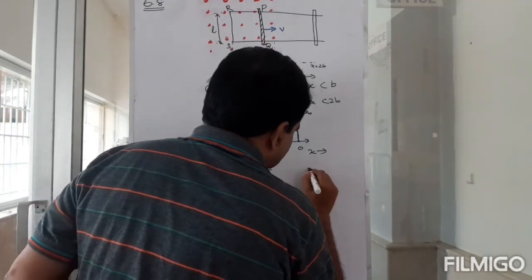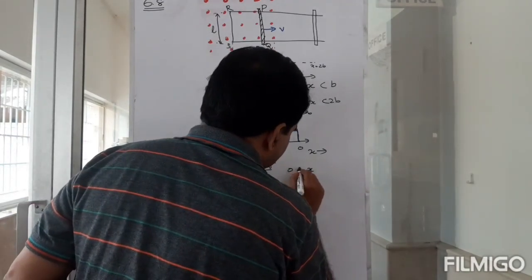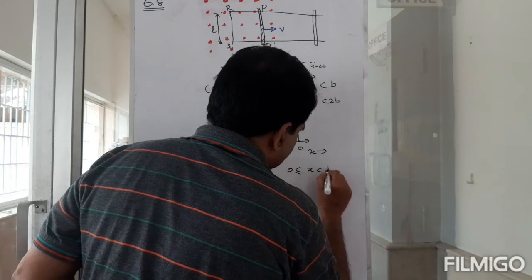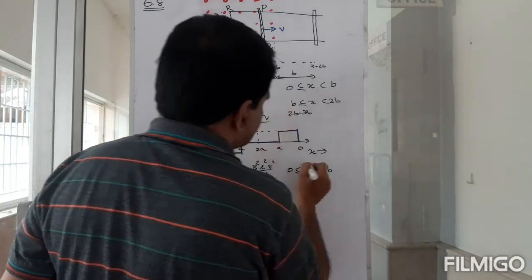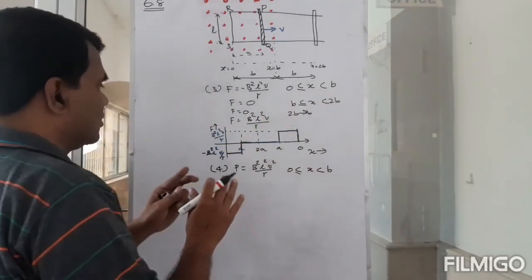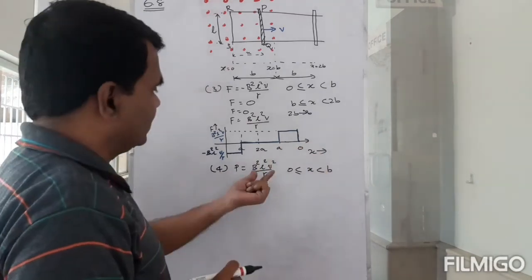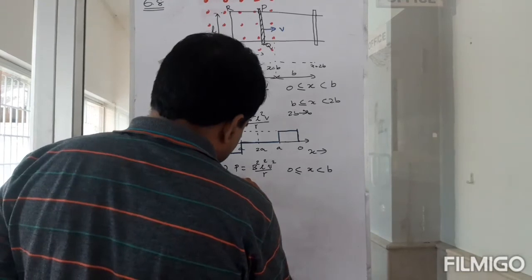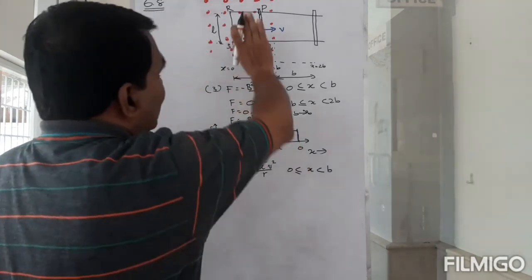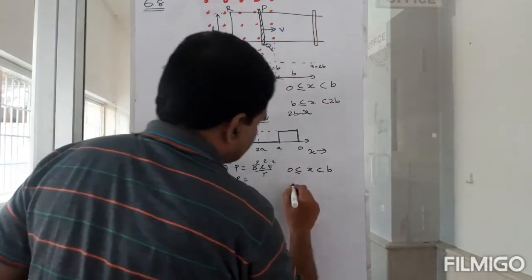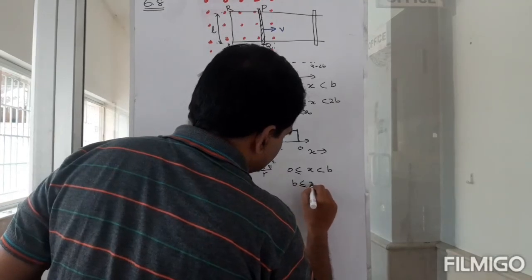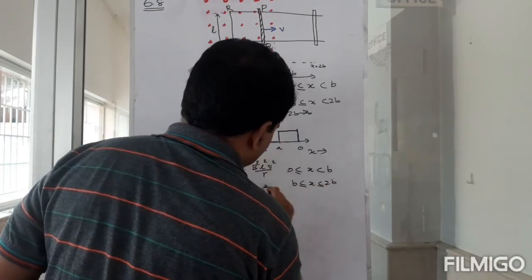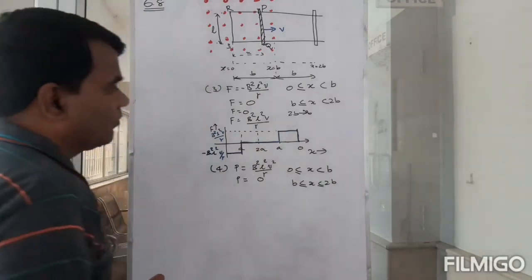So for the x value greater than 0 and less than B, this is going to be a positive value, B squared L squared V squared by R. And this, once you cross B, then move from B to 2B, it's going to be 0.